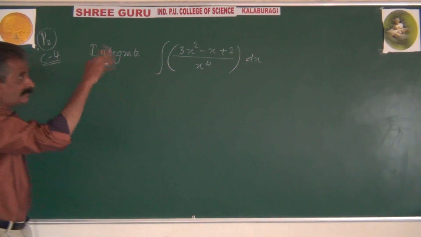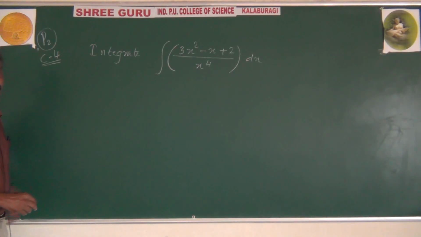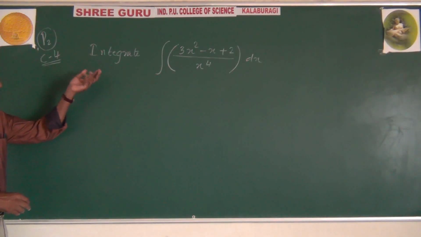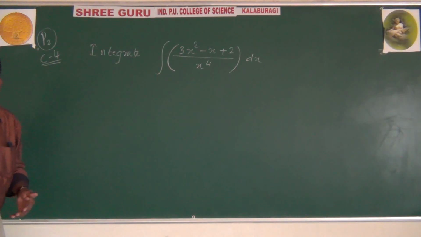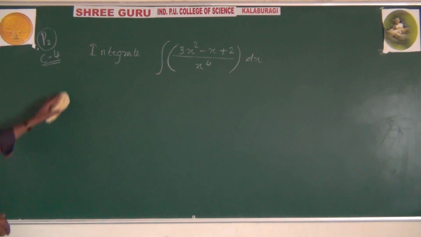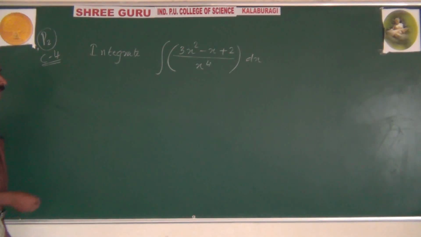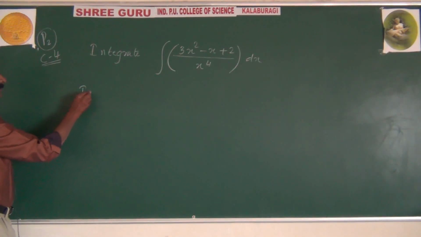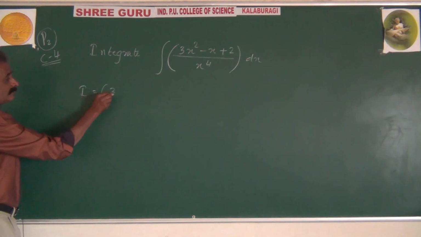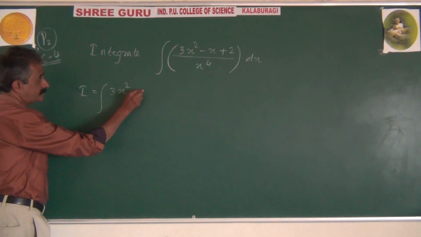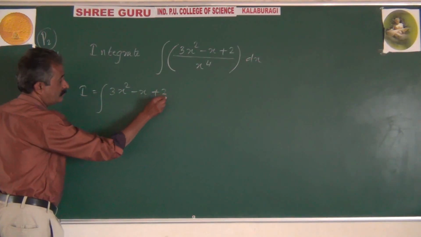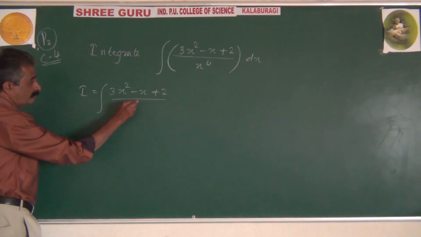Of course, I directly gave the symbol of integration; you can make this evaluate rather than integrate. Anyway, it does not matter, our working method is the same. First step, start from I. Let I equal to integration of (3x square minus x plus 2) divided by x to the power of 4.